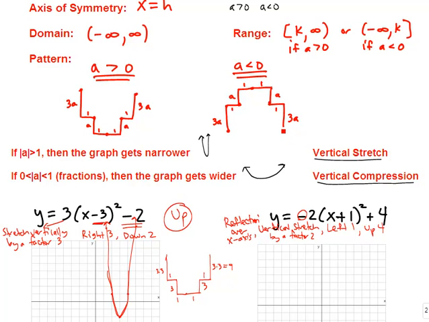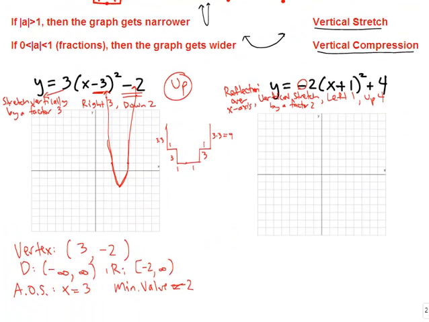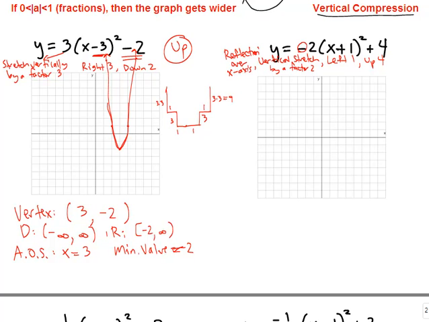So when we use our pattern, we're going to go over 1, down A, over 1, down 3 times A. So let's figure out where that vertex is first so we know where to start. So the vertex is going to be, for the x value, the opposite sign of what we see in the parentheses. So we have a plus 1, so our vertex is going to start at -1, and the y value is the same number we see on the end, so that's going to be +4.